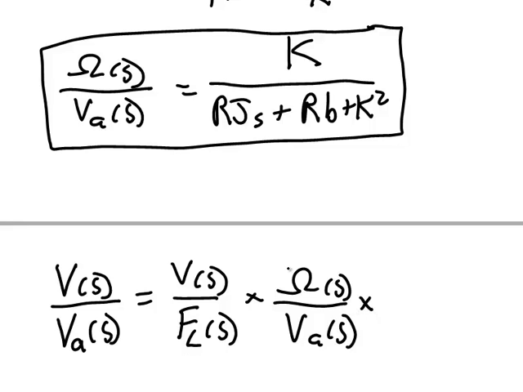I still need FL of S divided by omega of S. If I had this equation as well, omega would cancel out. FL would cancel out, and it would leave me with my desired relationship, V of S over VA of S.